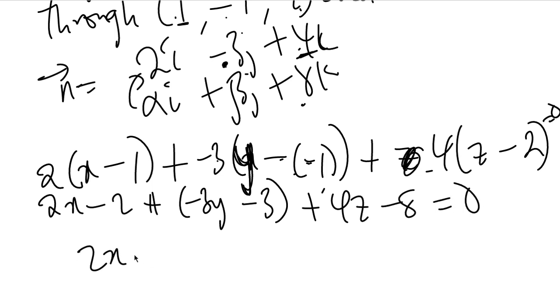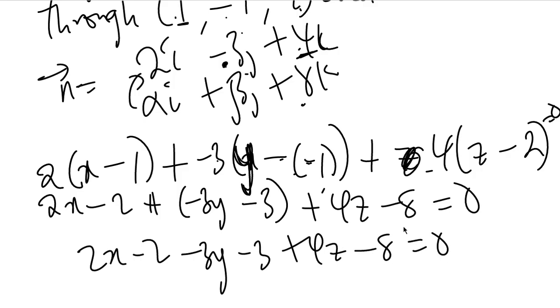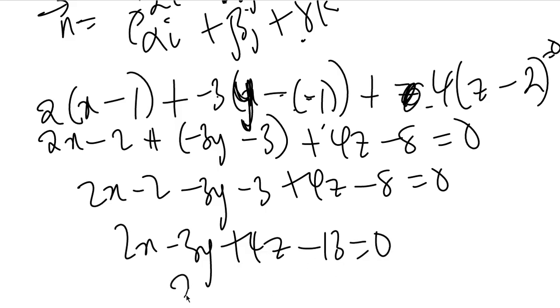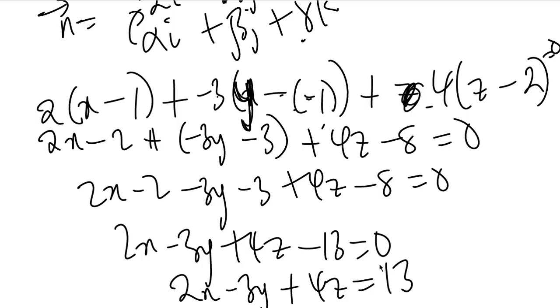That will be 2x minus 2 minus 3y minus 3 plus 4z minus 8 equals 0. And then we are going to have 2x minus 3y plus 4z, and then minus 2 minus 3 is minus 5. Minus 5 minus 8 is minus 13 equals 0. And that's 2x minus 3y plus 4z equals 13.